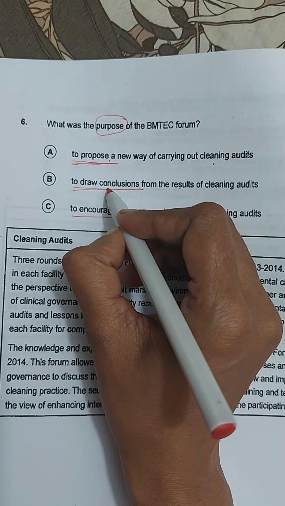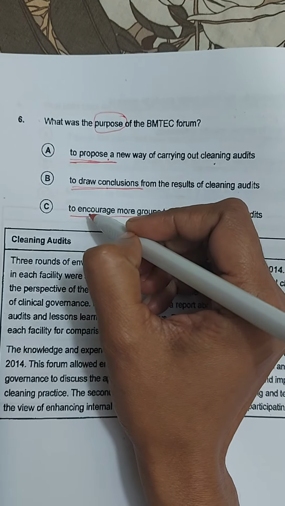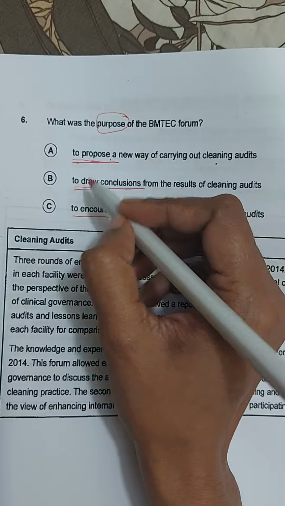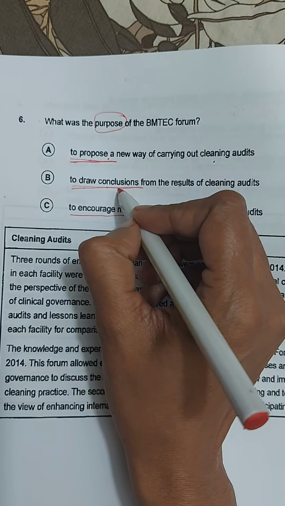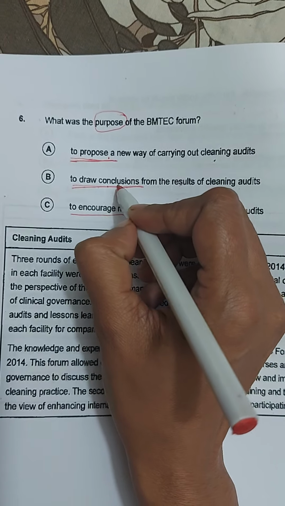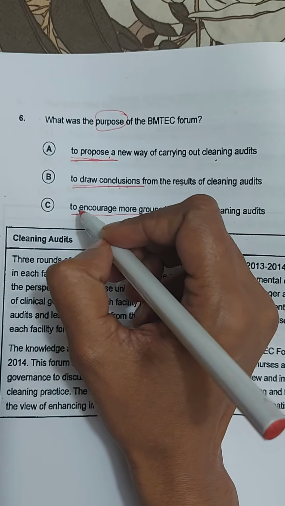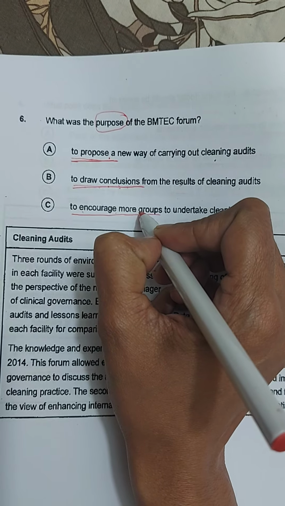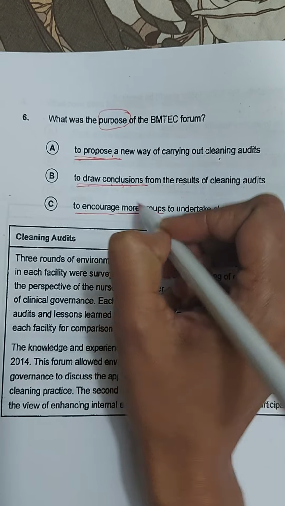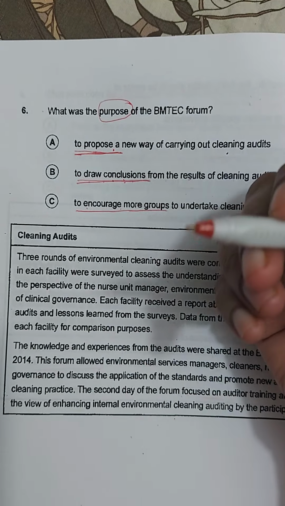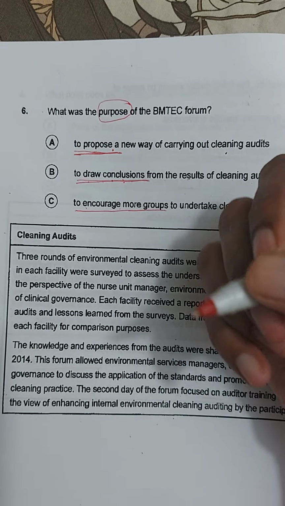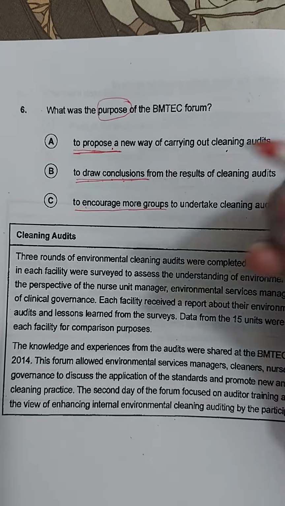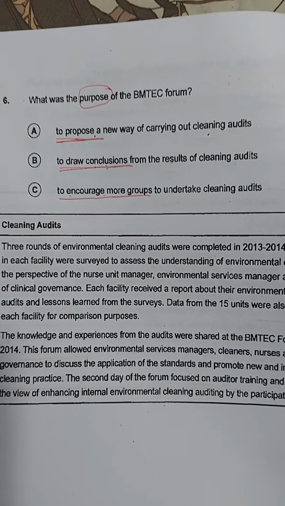Okay, second, from the result you are deriving or you are giving something, you are concluding or summarizing from the results. To encourage more groups, so making a group, like supporting, or you are paving a way for other groups to undertake these cleaning audits.